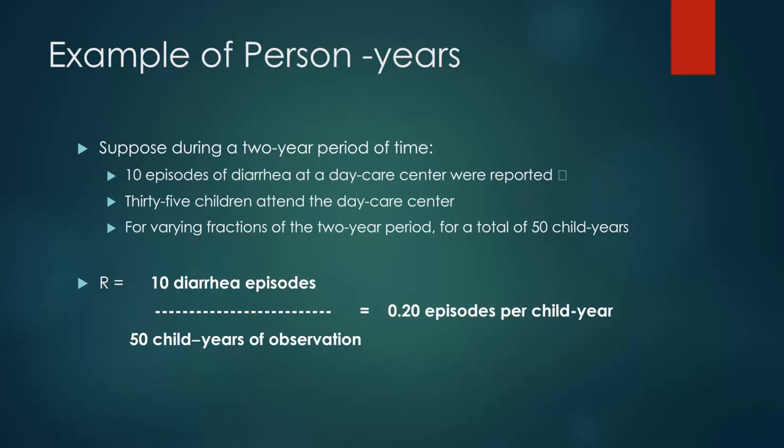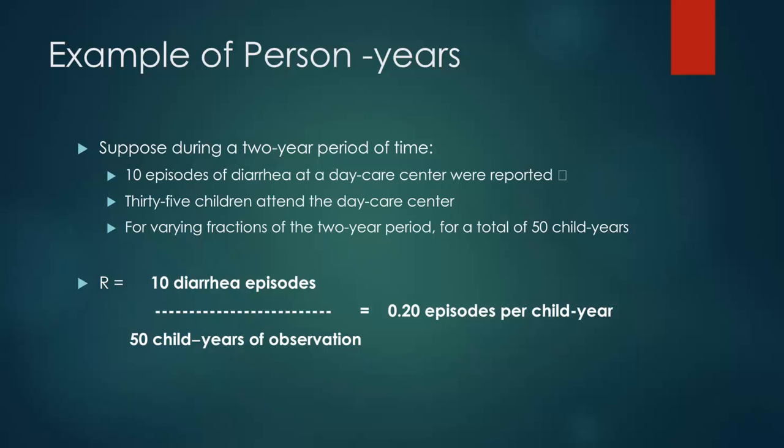In our example of person time, we're going to look at person years. Suppose that during a 2-year period, there were 10 episodes of diarrhea at a daycare center. There are 35 children that attend that daycare center.